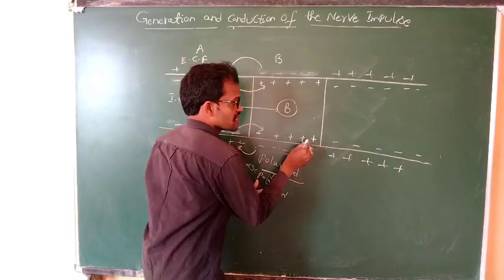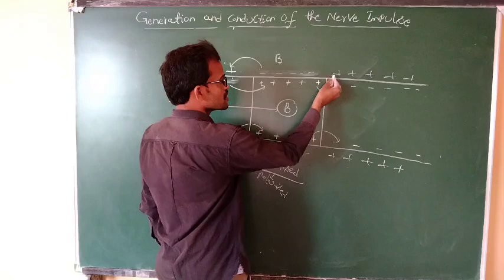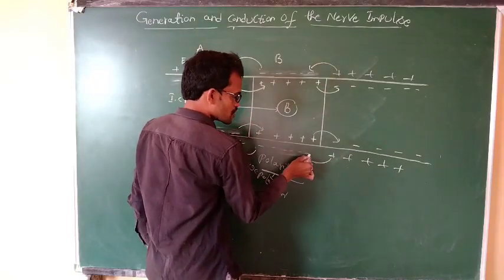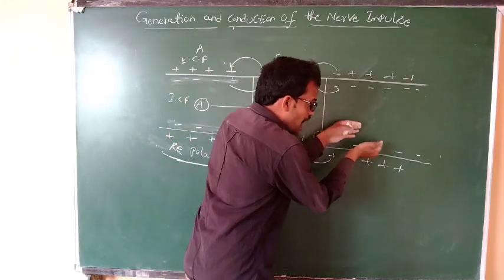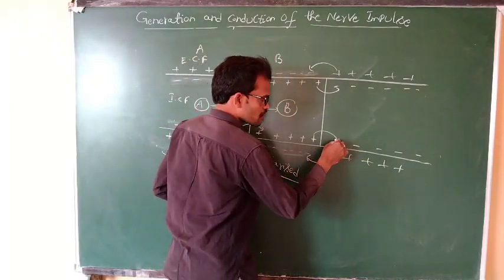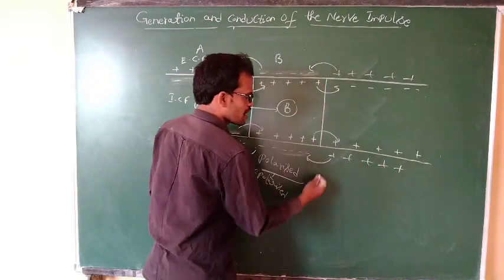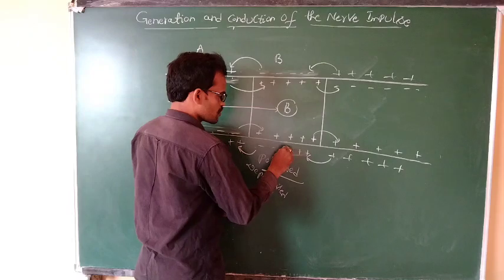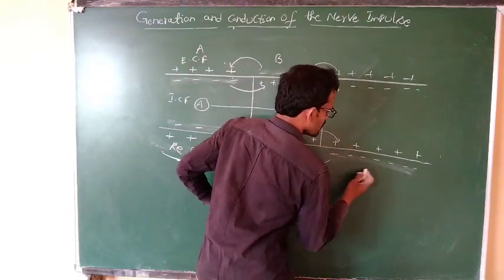Again, positive ions move into here, and this one is depolarized. After this, the ions jump to the other place, and that one is depolarized too. Outside it is positive, but inside it is negative, negative, negative.